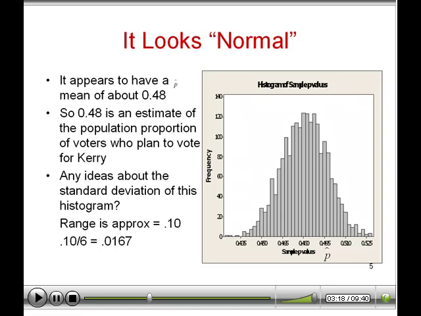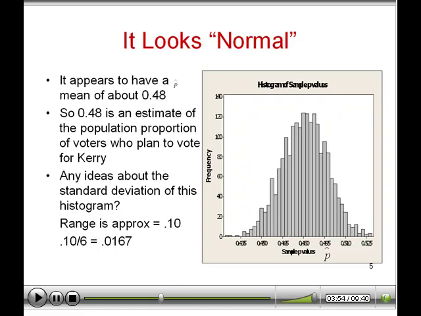The range of the data is about 0.10, and this corresponds to 6 standard deviations, 3 above the mean and 3 below the mean. Now, if we do the math, 0.10 divided by 6 is 0.0167. So a very rough estimate of the standard deviation is 0.0167 or 1.67%.